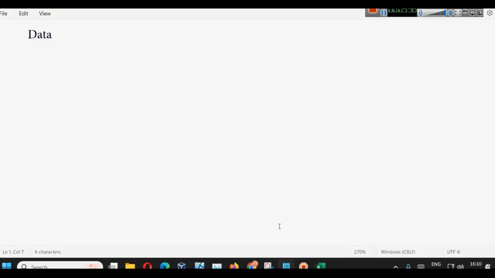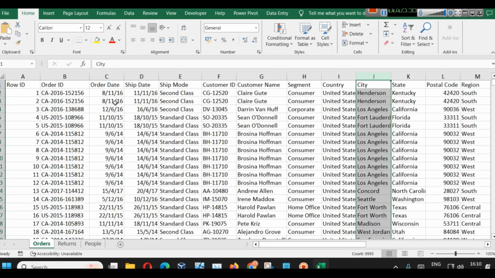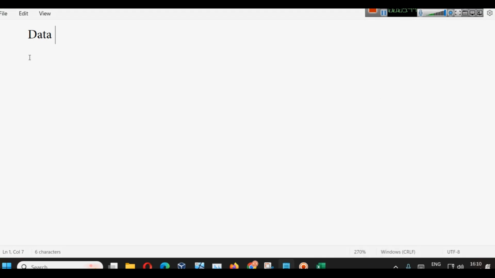So what is data in this sheet? Order ID can be a data, order date can be a data. And that's why data type is there, right? What are some common data types? Like in many programming languages, string is a data type.